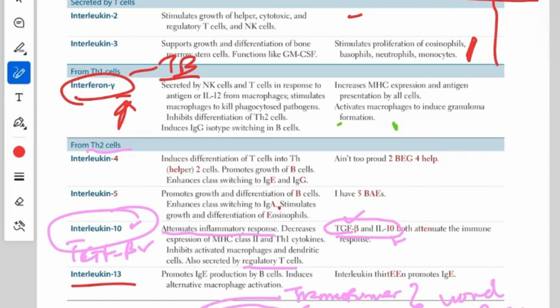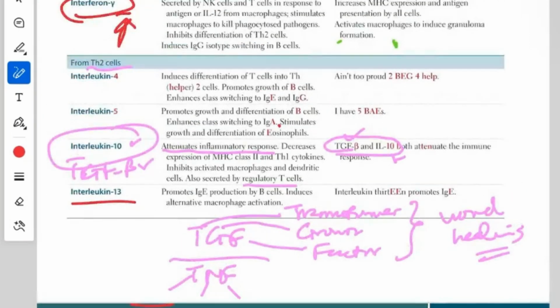You have immunoglobulin E and immunoglobulin A there, and eosinophils are involved as well. But of all these, interleukin 10 is anti-inflammatory, as well as transforming growth factor beta. So these two are anti-inflammatory. Okay, so that's a summary of that. Any questions?